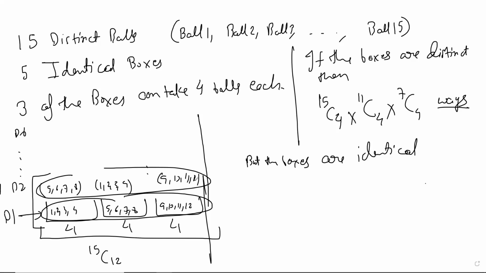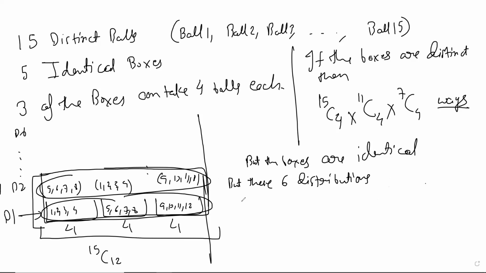But these 6 distributions are the same if the boxes are considered the same. Just look at these 2 distributions. How are they different?